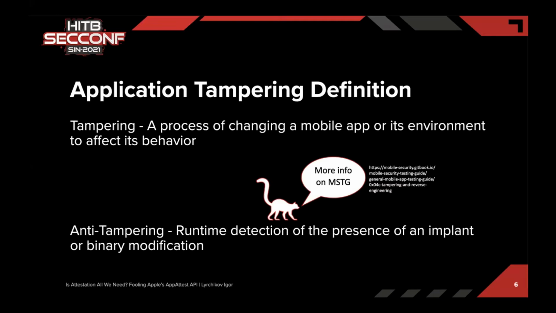It monitors the integrity of the application state and the environment in which it is running. I definitely recommend you visit the OWASP MSTG website. It has a lot of information and detailed descriptions of tampering and anti-tampering techniques, so you can find it there.